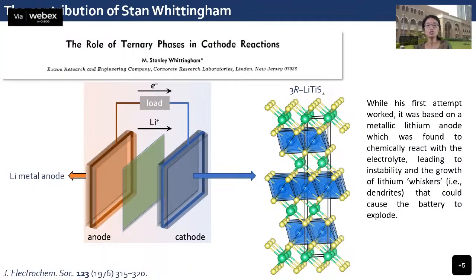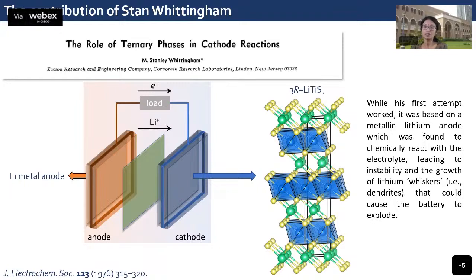So what was the contribution of Stan Whittingham for obtaining the Nobel Prize? What he showed way back in 1976 is that if you have lithium metal as the anode and a cathode which is titanium sulfide, then you have an electric current flowing from the anode to the cathode.